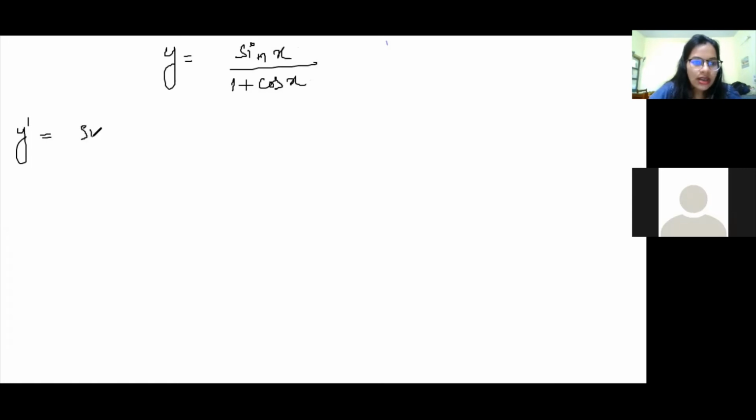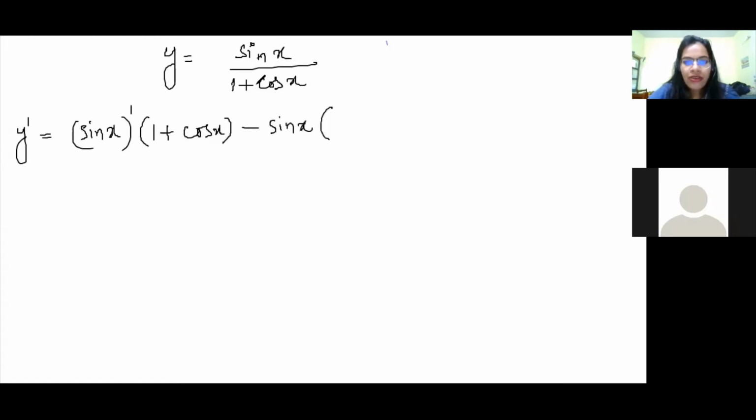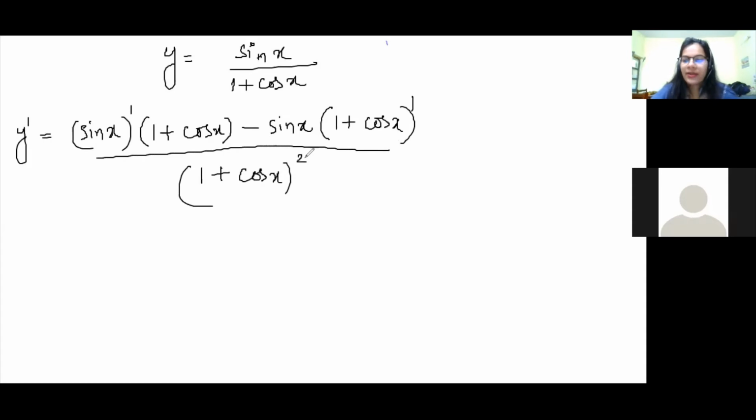So sin x derivative into the denominator minus numerator into derivative of denominator divided by 1 plus cos x the whole square.